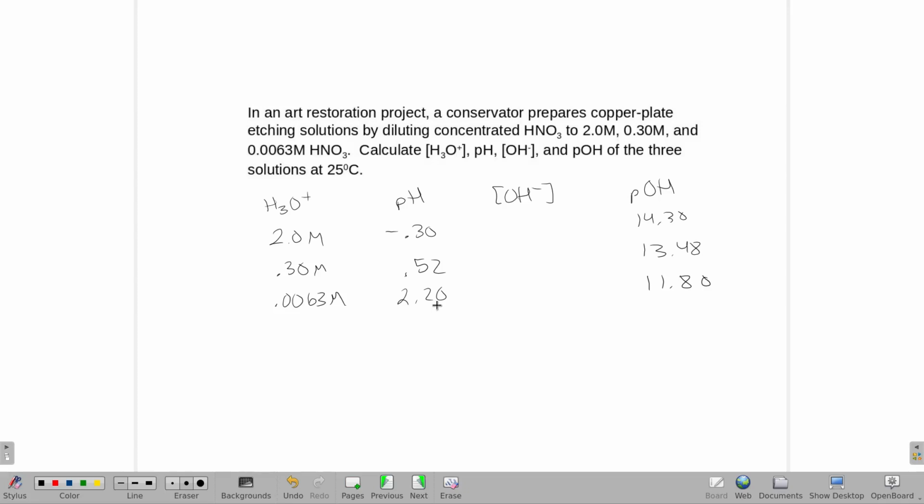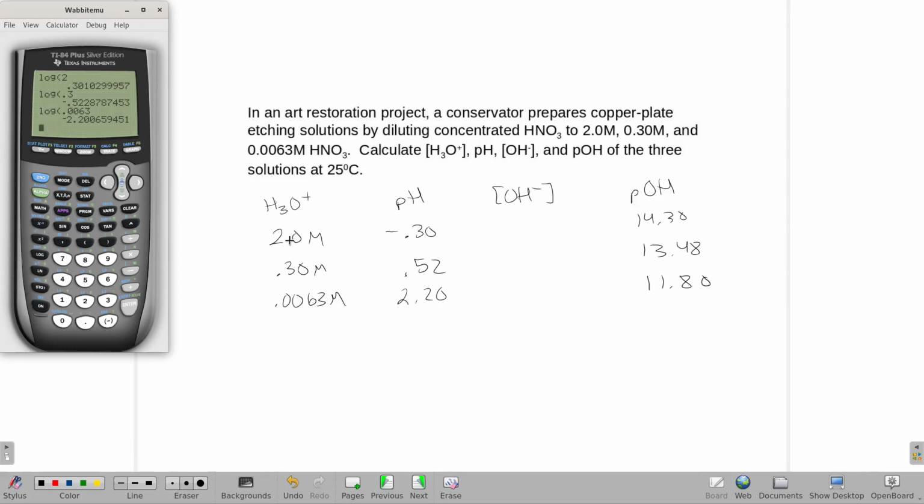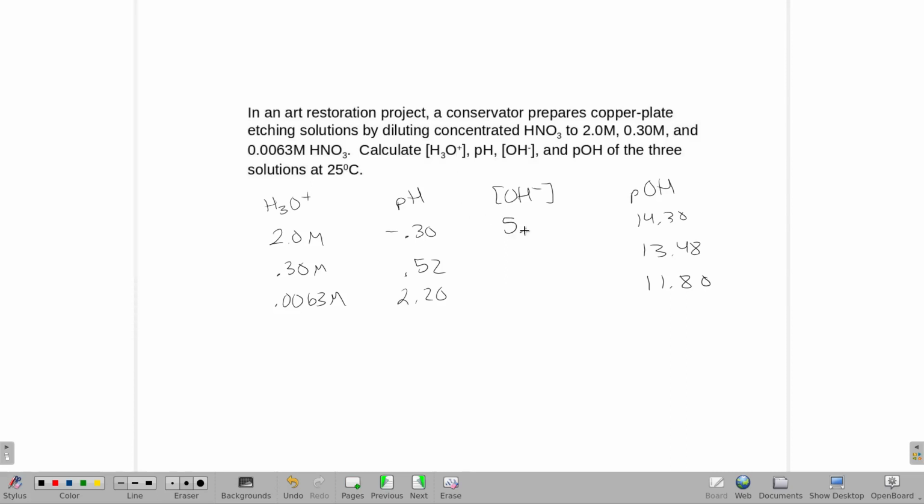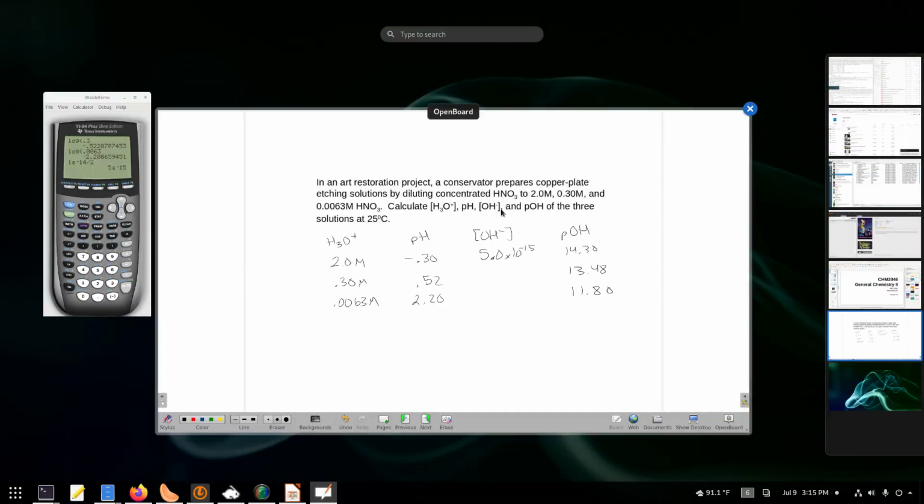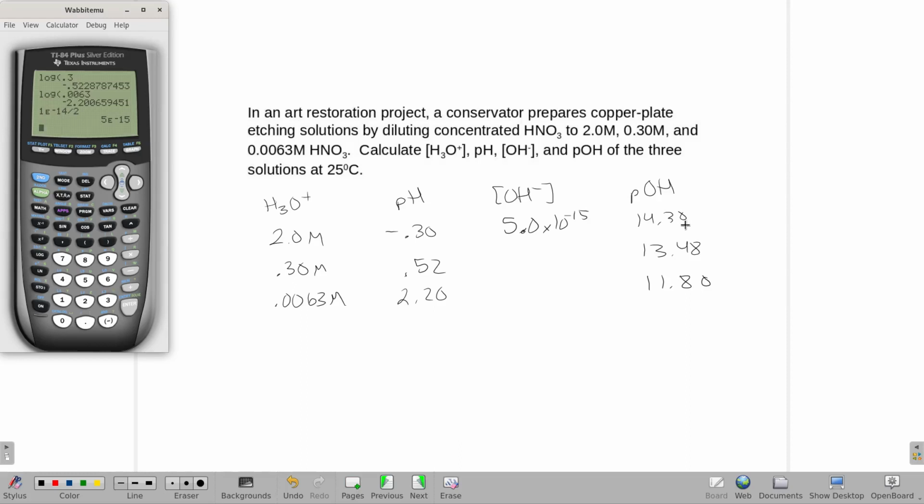Alright, now I have two different ways I could calculate the OH. I could take 1 times 10 to the negative 14th divided by the H3O concentration, and I get that this is 5 times 10 to the negative 15th. But another way I could have done it and got the exact same number was take that pOH and do the inverse log of negative 14.3. I get the exact same number or thereabouts.